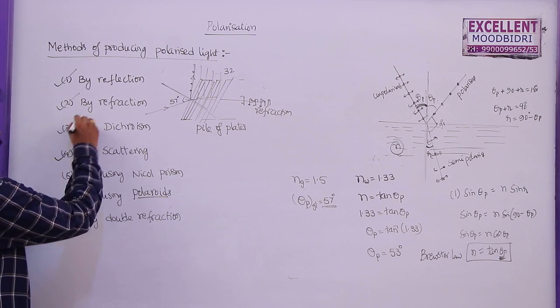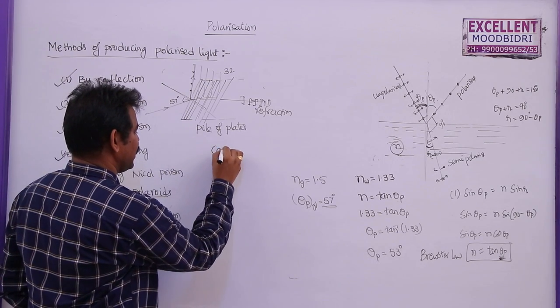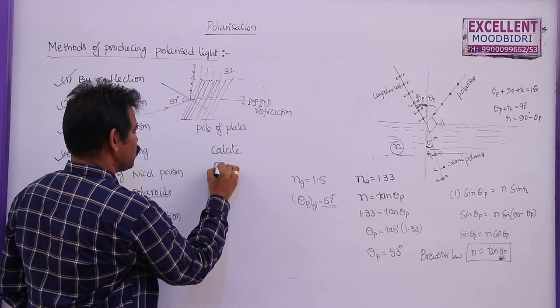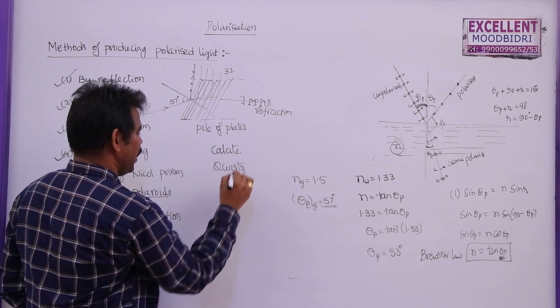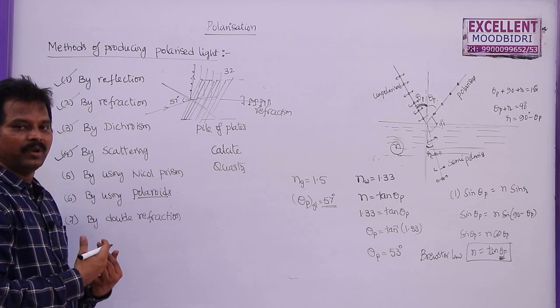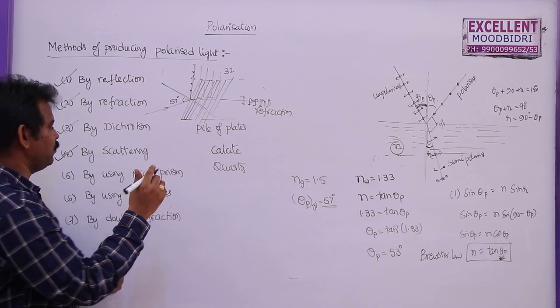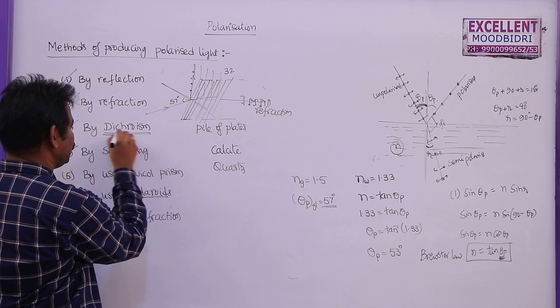And the third one, by dichroism. There are some crystals like calcite crystals and quartz crystals that have the property of selectively absorbing one type of vibrations and emitting or releasing the other type of vibrations. That property is called dichroism.